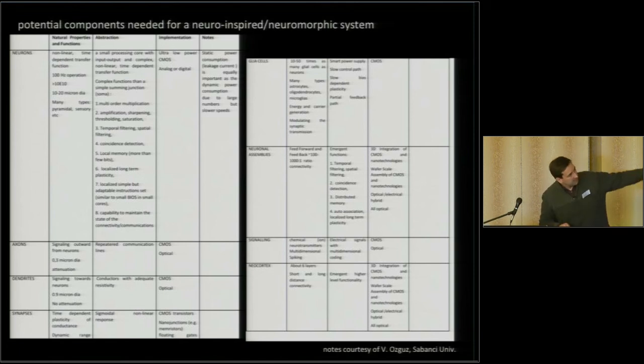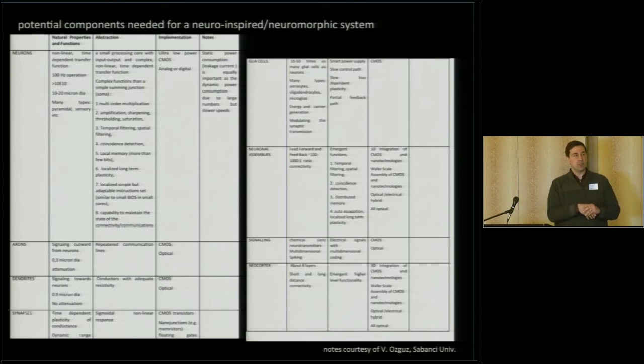For example, the categories here are neurons, axons, dendrites, synapses, things that you would see in a biological neural network and how you might describe them. There are ways of implementing those functions in an electronic format, and then there are notes on how you would go about doing those interconnects, and what some of the challenges or benefits might be for such an approach.